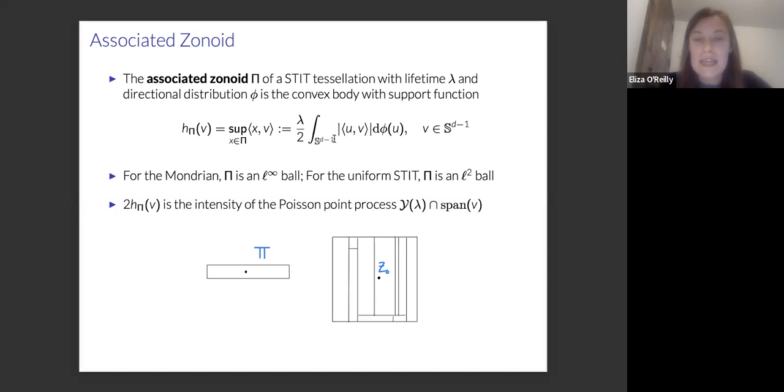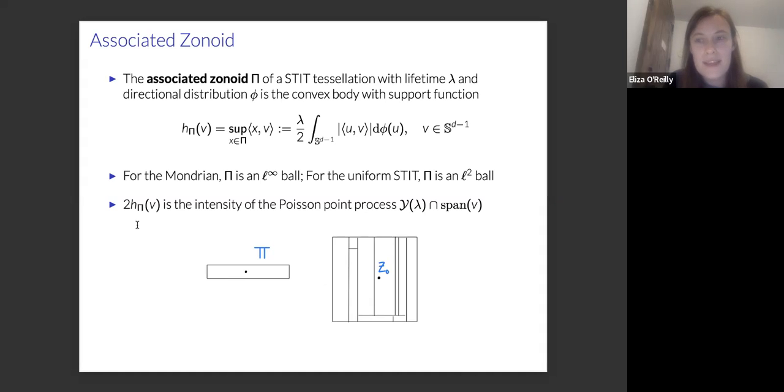And there's this other really interesting fact. First, this is just a simple, in the weighted Mondrian setting, a relationship between the associated zonoid and a realization of the associated STIT tessellation.